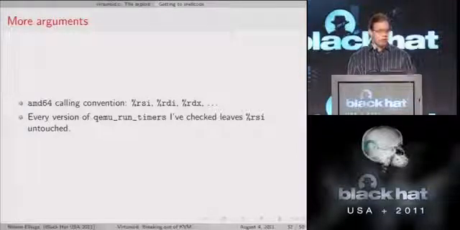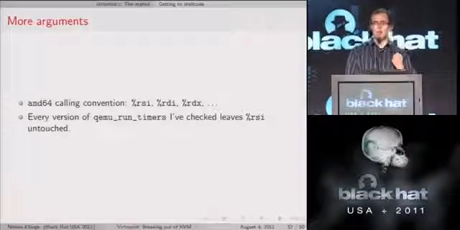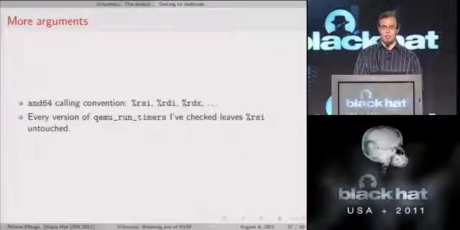But I'm only interested in the first 3 for now. Every version of QEMU run timers that I've looked at, as compiled by GCC, leaves RSI untouched. I think I got that backwards. The arguments are actually RDI, then RSI. But it leaves RSI, the register for the second argument to a function call, untouched.